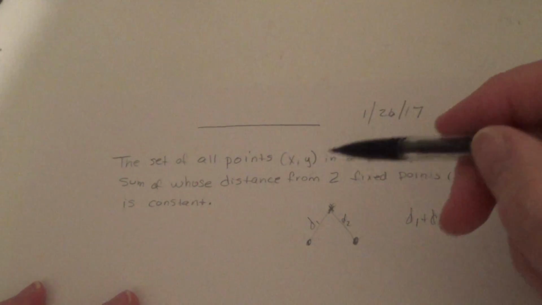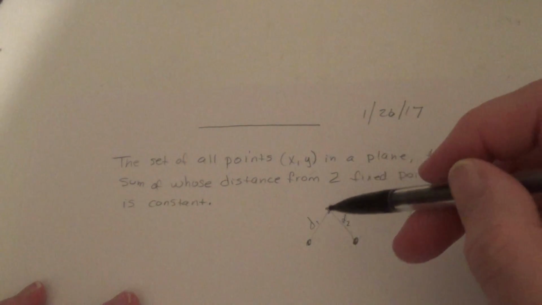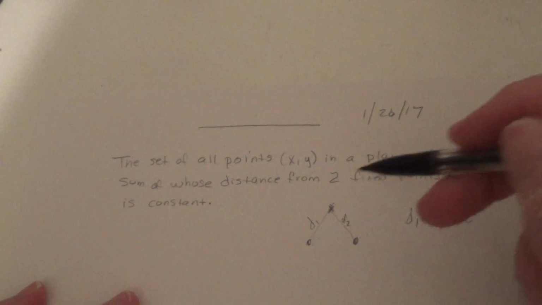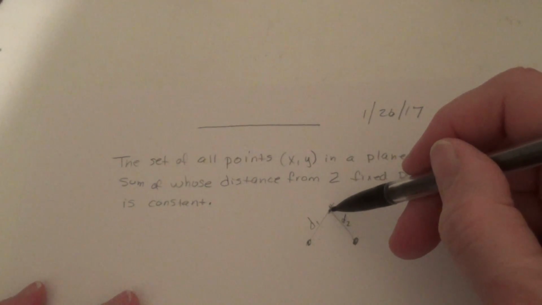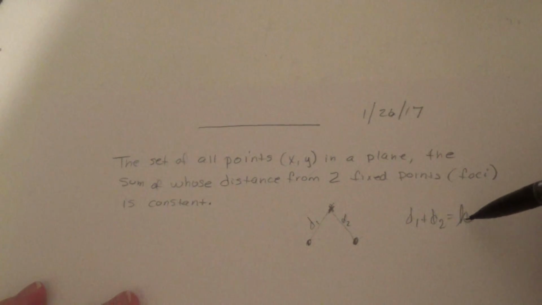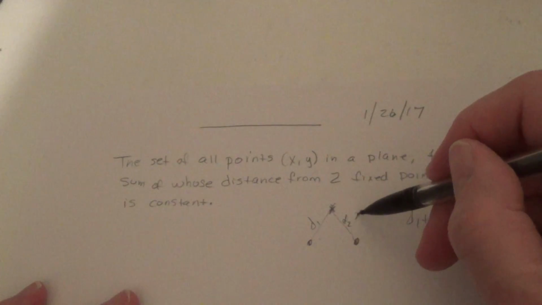So let us see where there is another point that meets that requirement. d1 plus d2 are going to add up to the same, but what if d1 gets bigger, d2 gets smaller, and it still equals k? Well, that happens, say, right here.